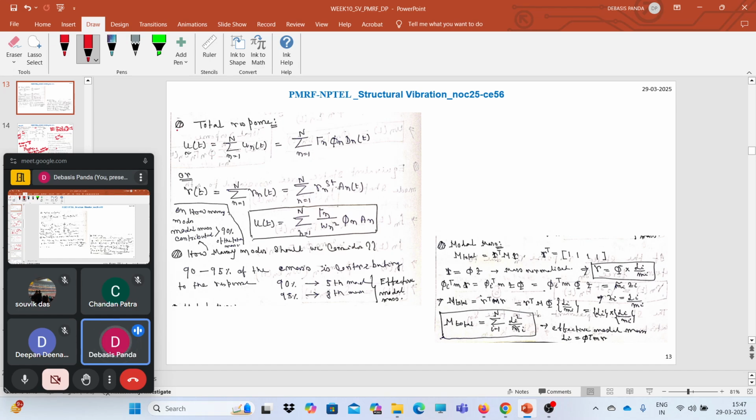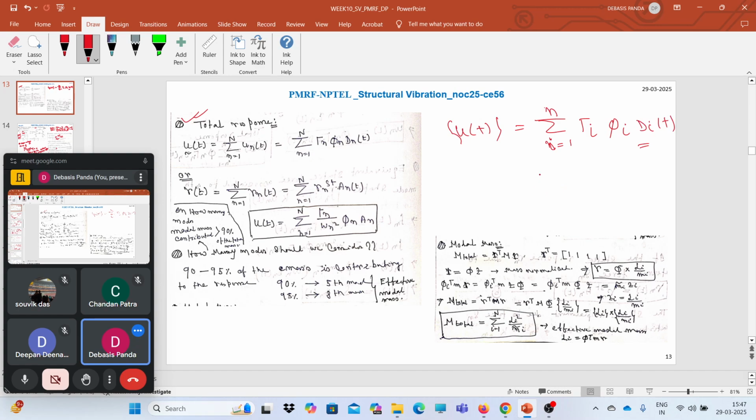So now if we come back to this equation again and try to correlate that with the modal mass, finally u of t we have is nothing but summation i equals 1 to n, phi i and di of t, right?